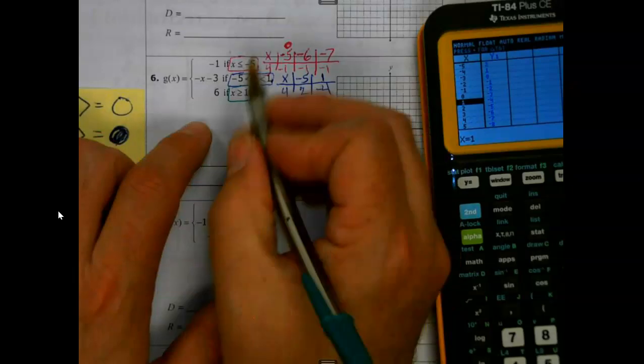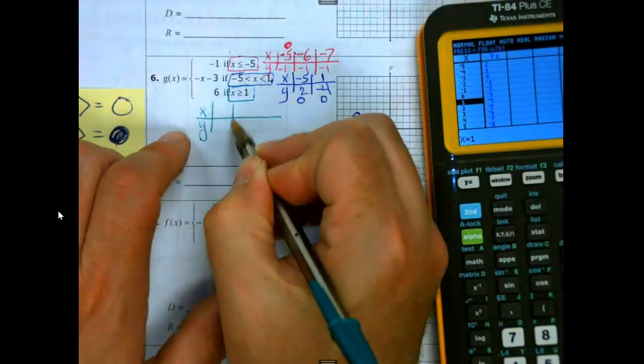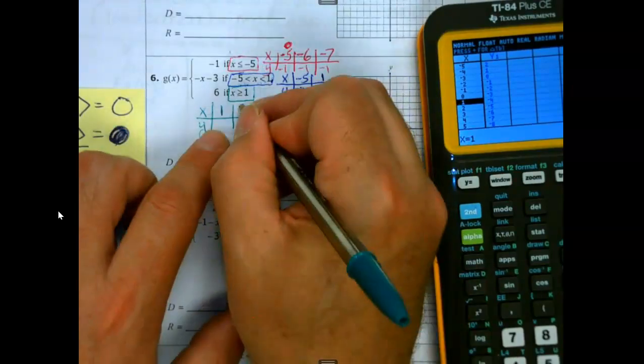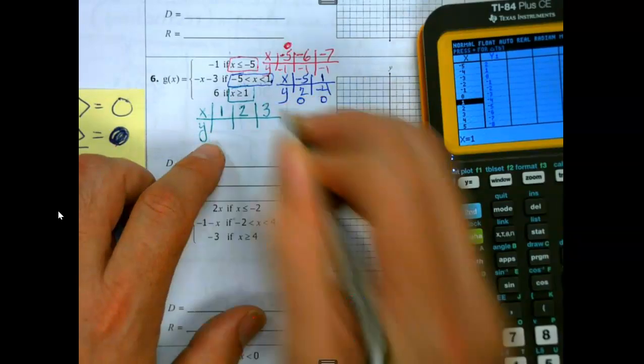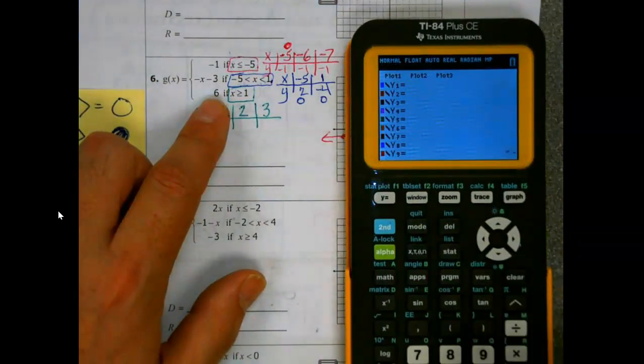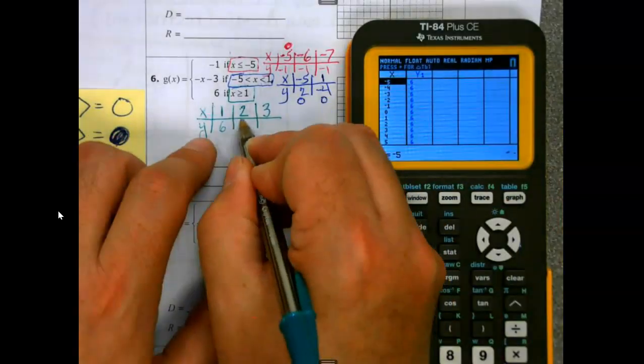If x is greater than 1, well, greater than 1 means it's getting bigger, so I'm going to add 1 each time. It's just a number again this time, so we know what we're going to see. We're going to see 6s everywhere.